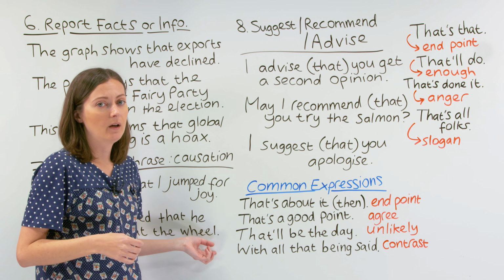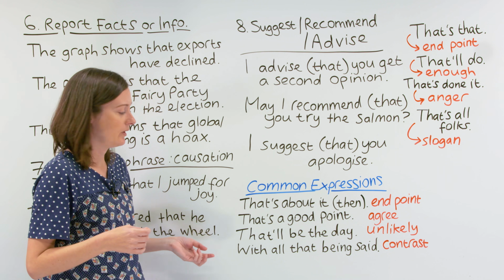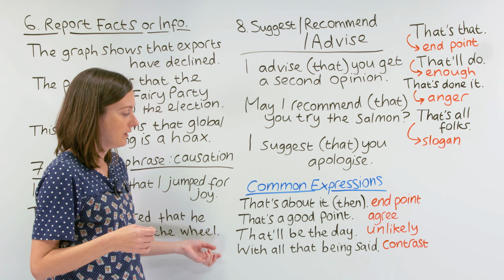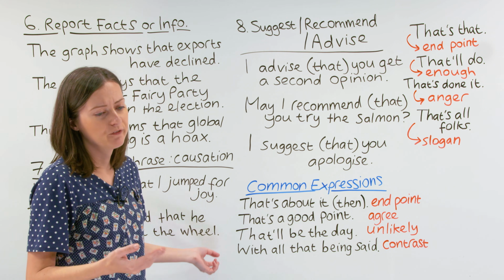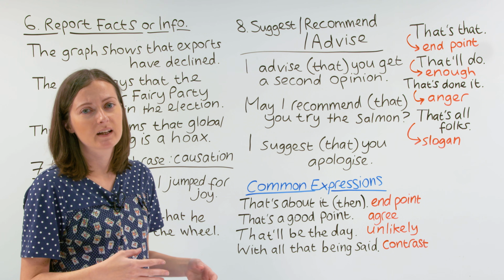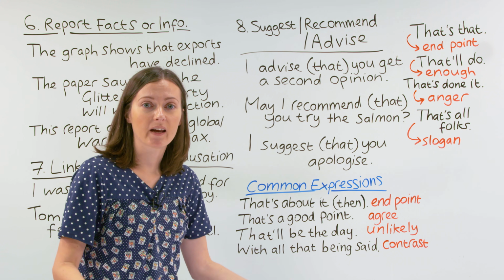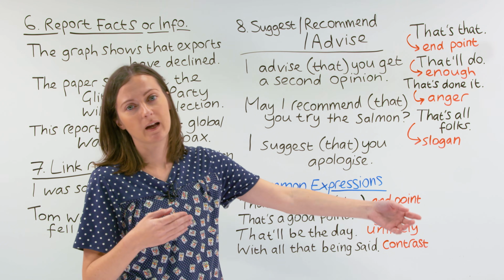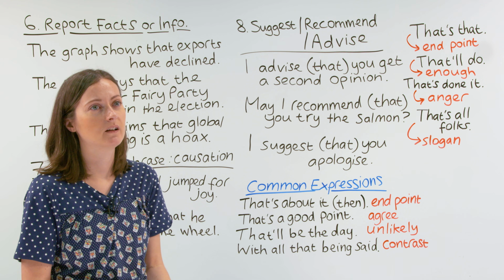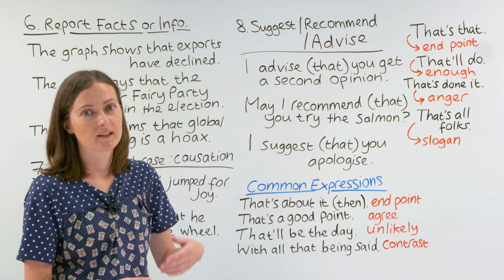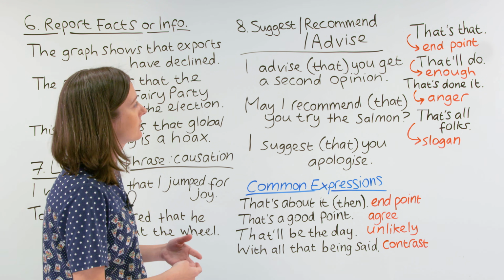This tends to be a more formal expression, or not necessarily formal. You would only hear it in situations where people are discussing and talking for a long time about things, perhaps not in regular daily conversation.